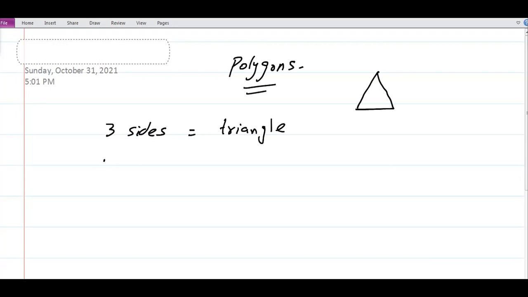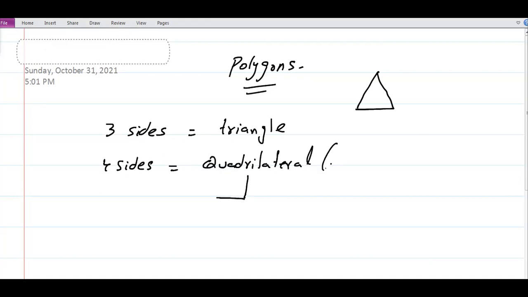Then a four-sided is called quadrilateral. Now quadrilateral, remember, in quadrilateral we have rectangle. Rectangle has four sides, so it means rectangle is a quadrilateral.